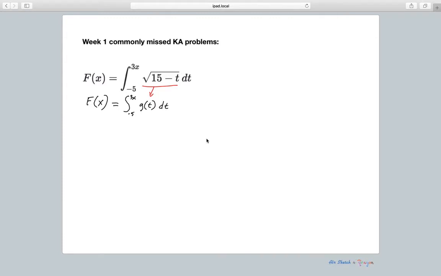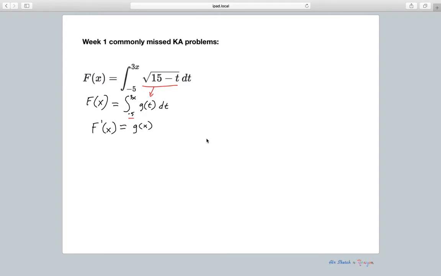So the fundamental theorem of calculus part 1 says that if I take the derivative of the accumulation function, as long as my lower limit's a constant and my upper limit is just x, I would end up with the integrand as a function of x, right?